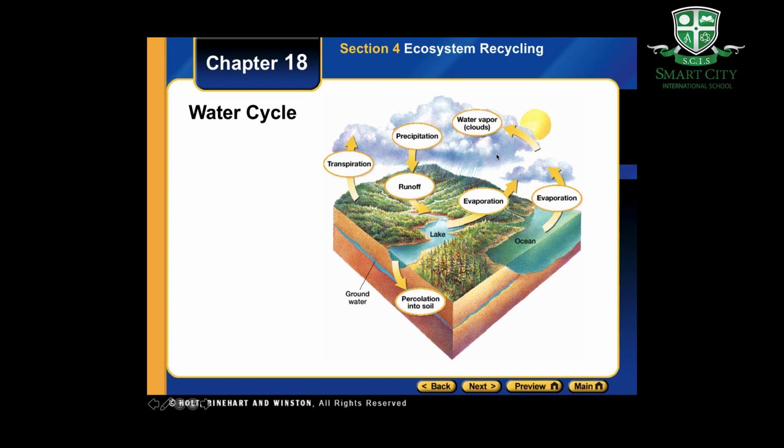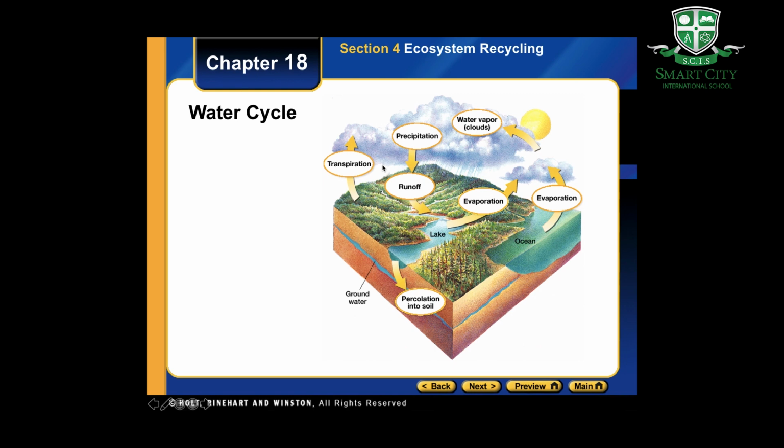So, is there another process like evaporation? Yes, it's called transpiration. Transpiration has the same meaning as evaporation, but this is for plants. Whenever plants lose water from their leaves, it's called transpiration.